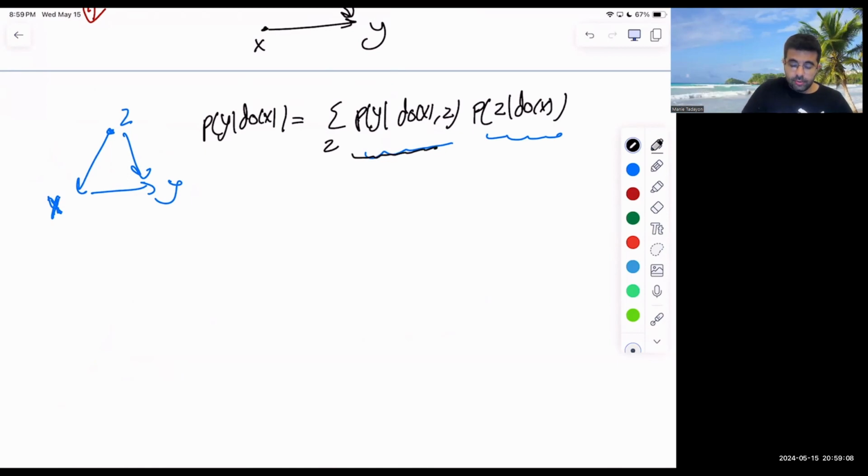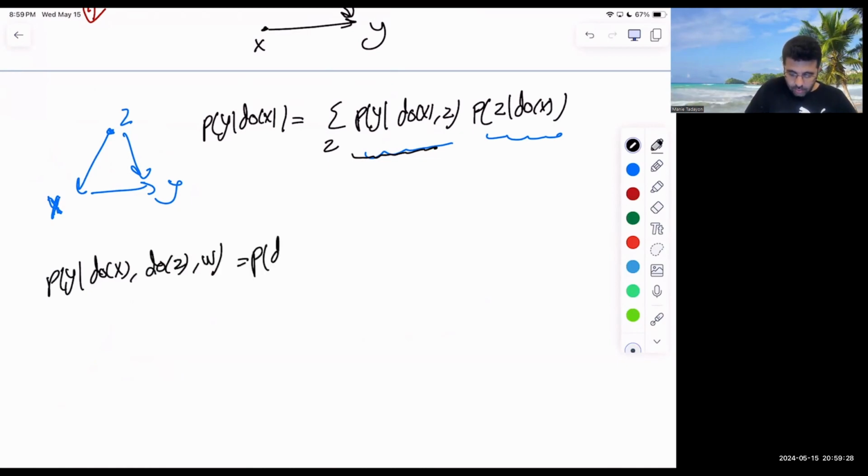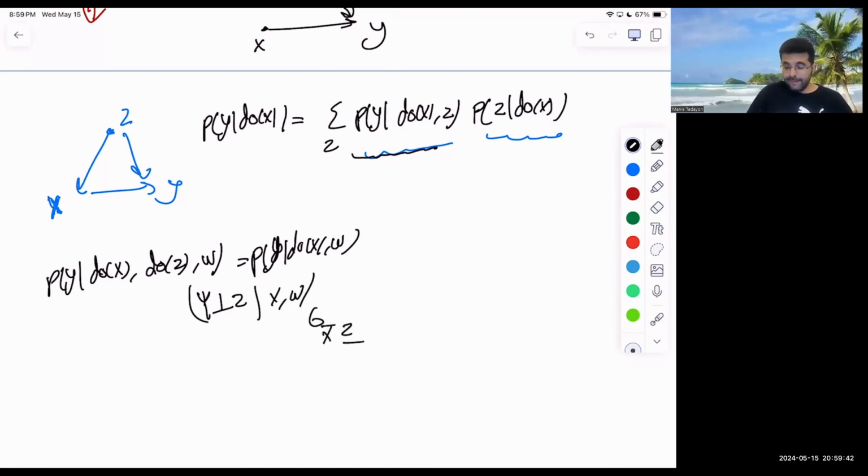Let's apply rule 2. What was rule 2? Under which graph? Let me remind you of rule 2: P of y given do x, do z and w is equal to the probability of y given do x and w, given that y and z are independent given x and w, for the graph with incoming edges to x and z removed.